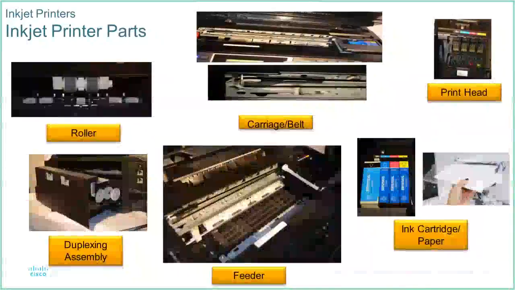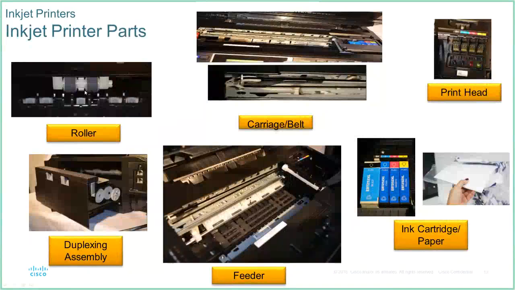So the basic makeup of a printer, okay, you've got rollers that pick up the paper and start feeding it through, and they go through a series of rollers, and one of the series of rollers here is the duplex.